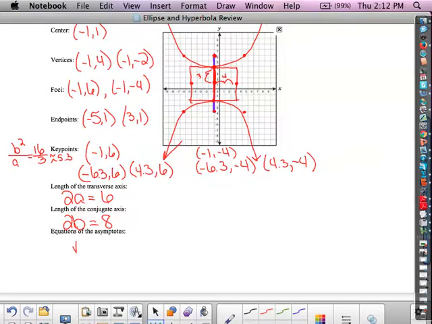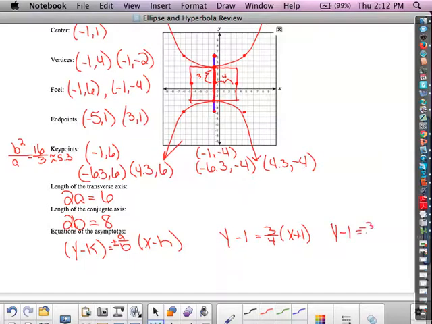So now I have y minus k is equal to plus or minus the slope a over b times x minus h. So that gives me y minus 1 is equal to 3/4 x plus 1, and y minus 1 is equal to negative 3/4 x plus 1.